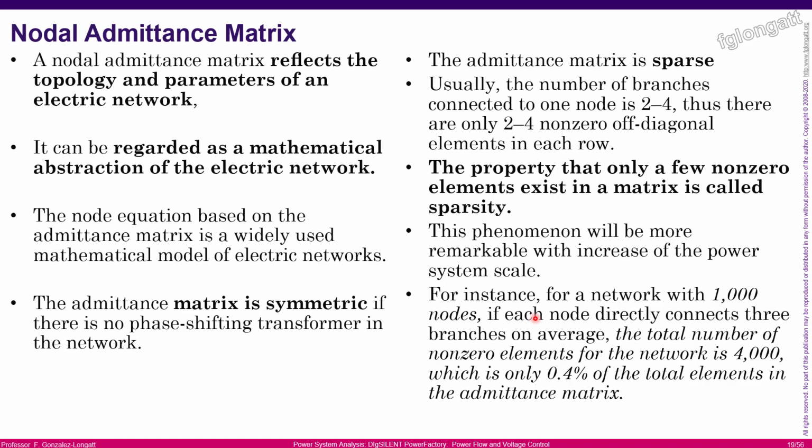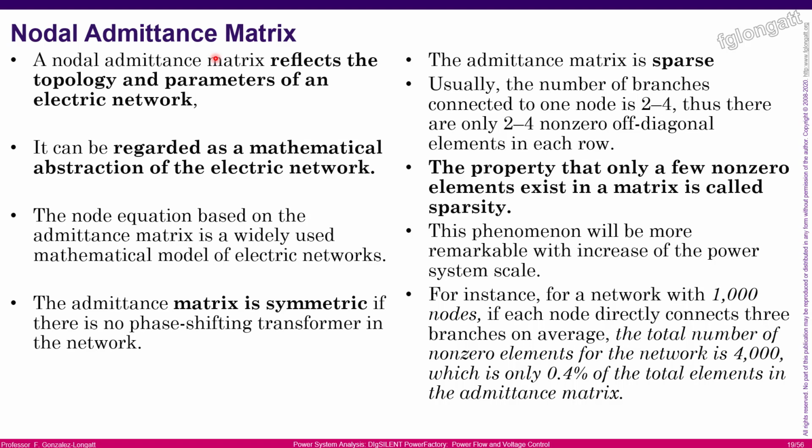Now let me tell you something. The admittance matrix is extremely important. One of the reasons is that it represents the topology, the way the system is connected, but at the same time it involves all the electrical parameters, I mean the admittance of every single component.